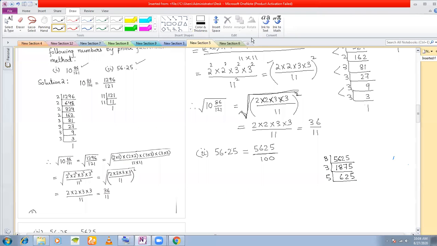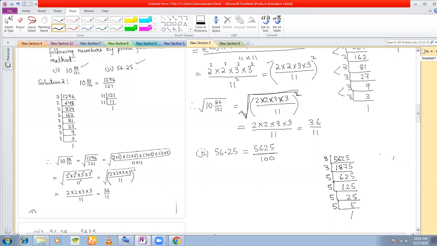Now it goes with 5. 5 1, 2, 5. 5, and then you have 25. Okay, so we have prime factorized the numerator.